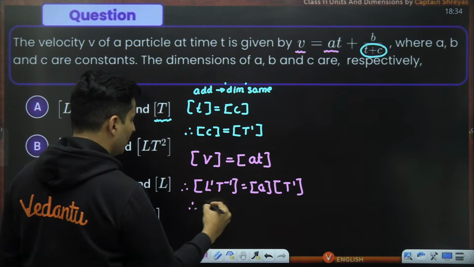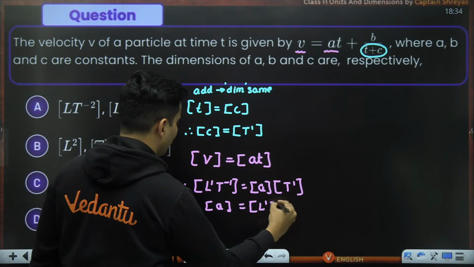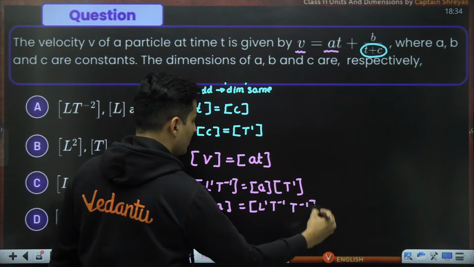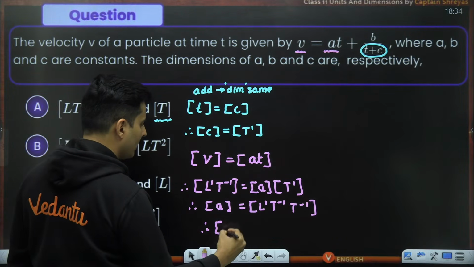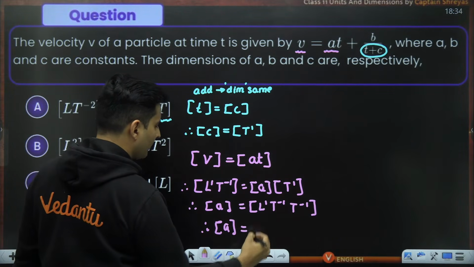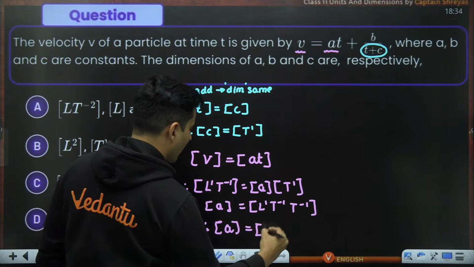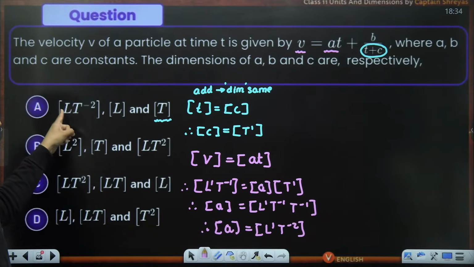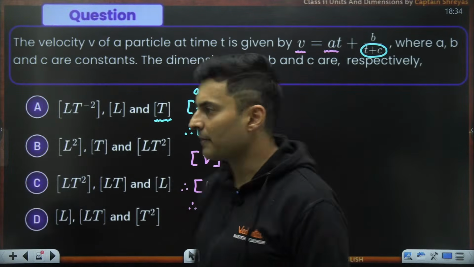If I bring it onto this side, the dimension of A will become L raised to 1, T raised to minus 1, and this T will also come over here, it will become T raised to minus 1. So the dimension of A will become L raised to 1, T raised to minus 2. Exactly what we want. L raised to 1, T raised to minus 2 is the dimensional formula for A.